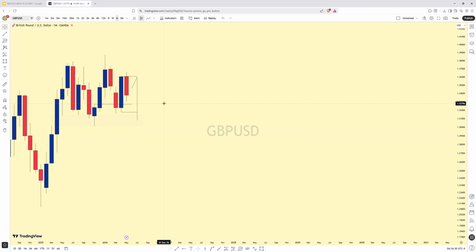So this is what it is from the monthly perspective, long term. The market prices in fractals, and if price should price in fractals, then it is possible to see how it could go over time.